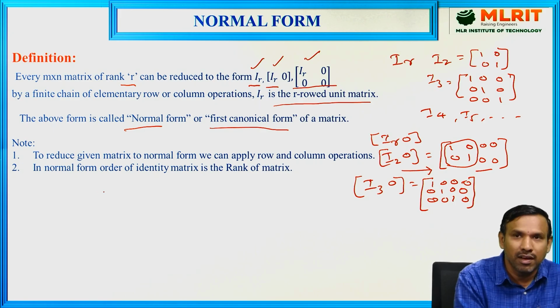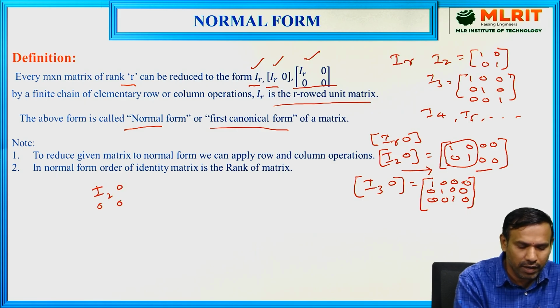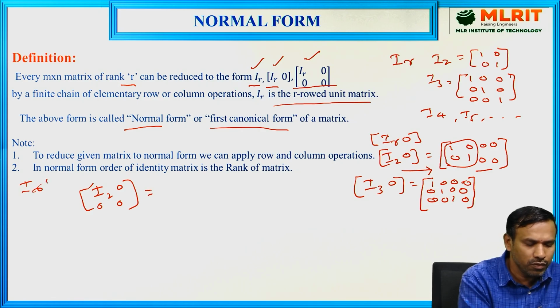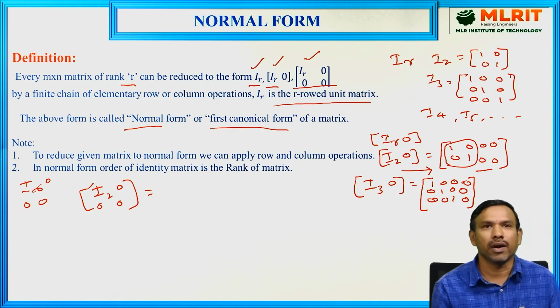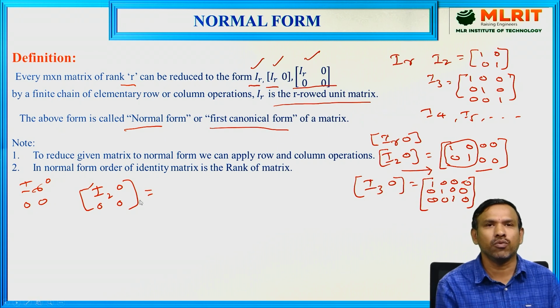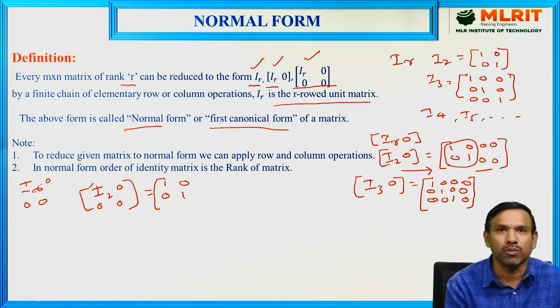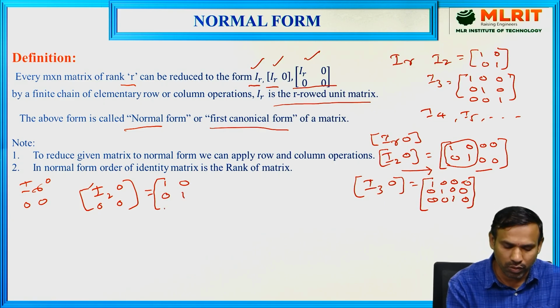So let us say we have [I_2 0; 0 0]. This comes under [I_R 0; 0 0]. Here [1 0; 0 1] is I_2, with additional 0 rows and additional 0 columns.